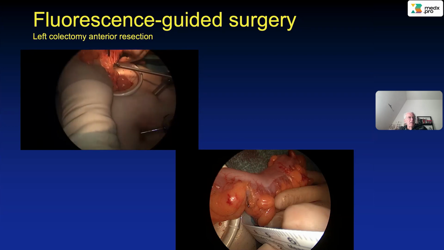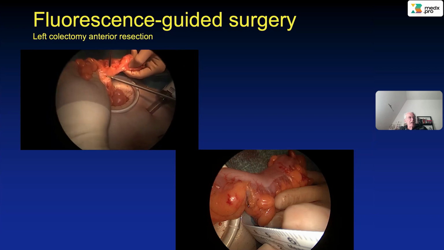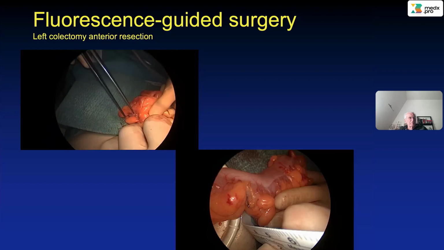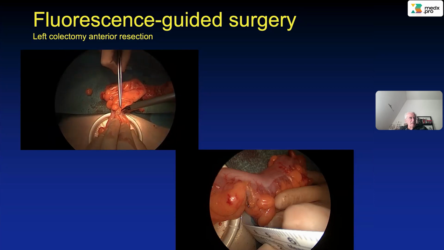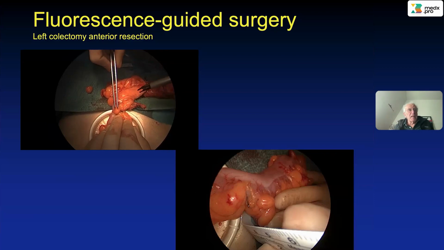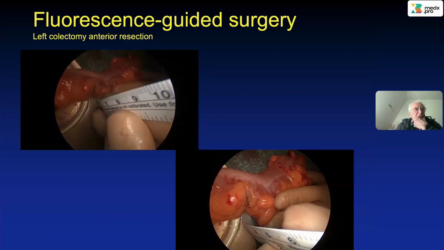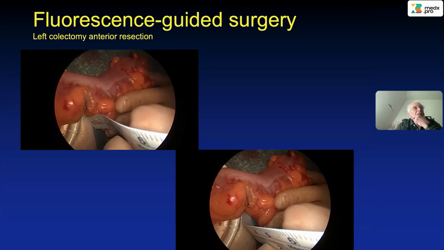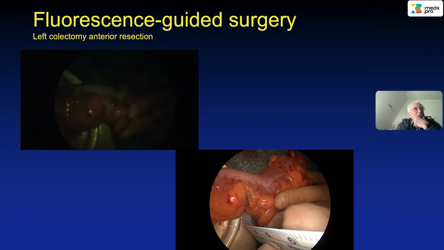This is an example, extra peritoneal. There's a preparation of the colon. You may think that it would be vascularized completely at the point where the staple is. This is the staple. The staple is indicative of what we think is going to be the resection line. Here's what it looks like once you inject the ICG.